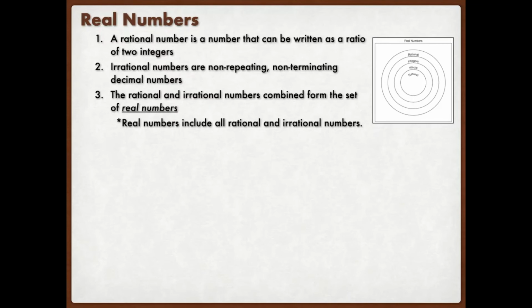So a rational number can be written as a fraction. Irrational numbers are non-repeating, non-terminating decimal numbers. So we did talk about this at the beginning of the year, where irrational numbers go on forever. Then we have rational and irrational numbers. Now, rational and irrational numbers combine to form real numbers.